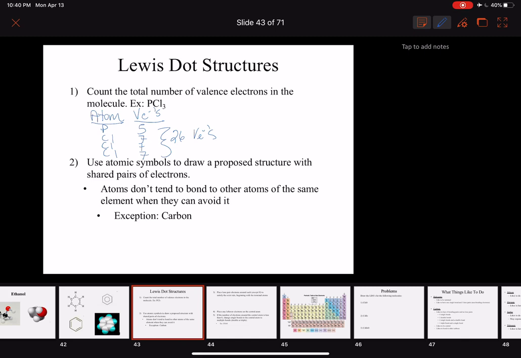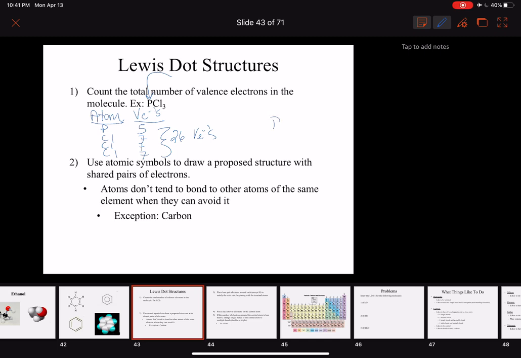So with PCl3, if the chlorines don't like to bond to each other, then they must be putting phosphorus in the center. Another way to think about it is that the atom that occurs least often is often the one that's in the center. Not always, but it does that a lot.